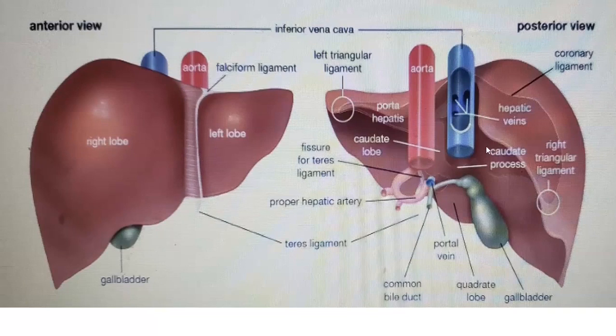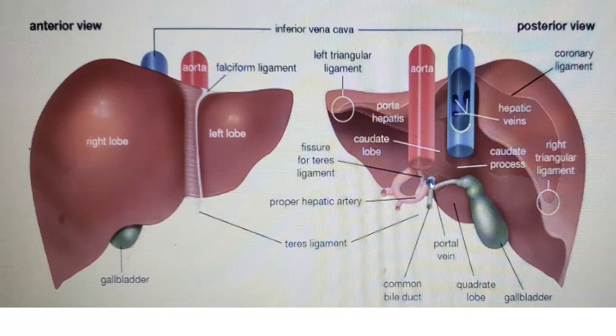Posteriorly, it has the structures: the inferior vena cava, the aorta, and the right lobe. It has the fossa for the gallbladder. Here you have the porta hepatis, and here it is divided into the right and the left lobe.